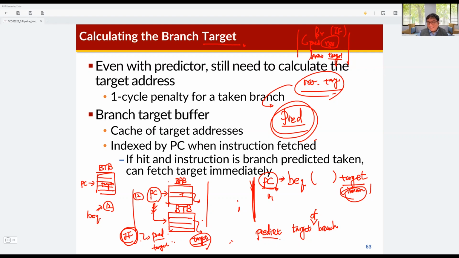Okay, and then these prediction technologies are widely applied to many aspects of the computer processor architecture. Actually, various types of prediction technologies are applied to real computer processor architecture. Okay.